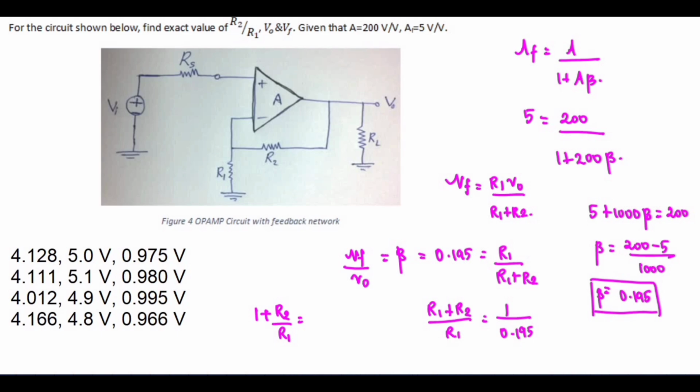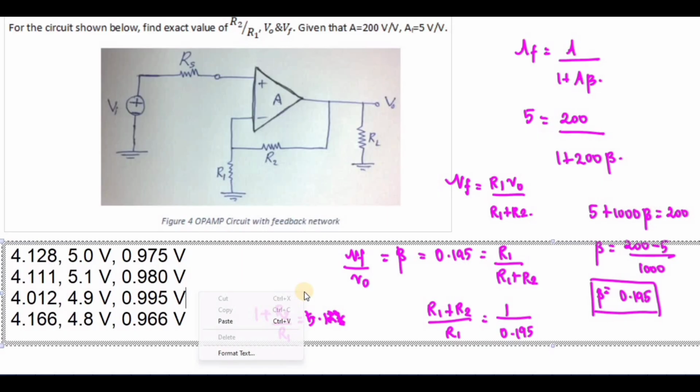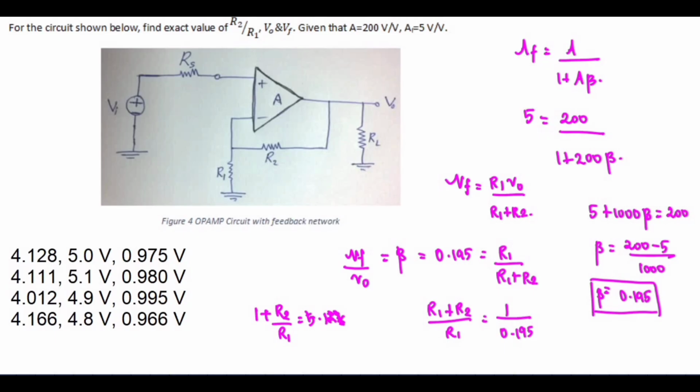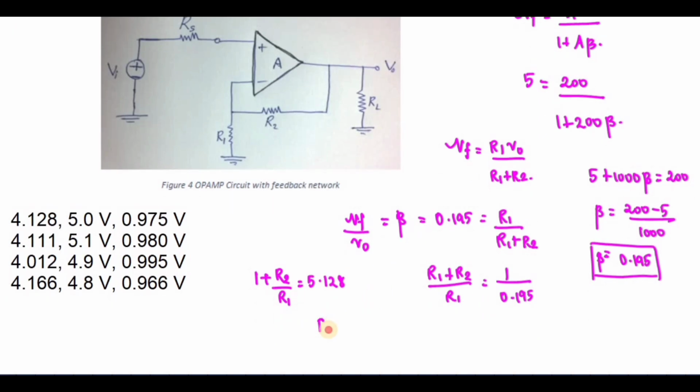With the help of a calculator, you will get 1 plus R2 divided by R1 as 5.128. From this, R2 divided by R1 is equal to 4.128. So the first answer is A.